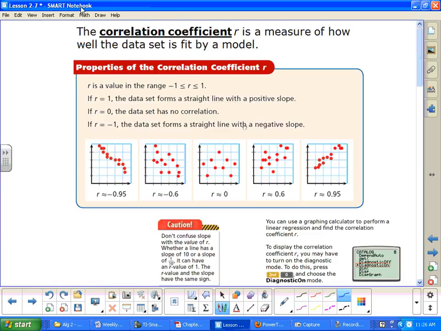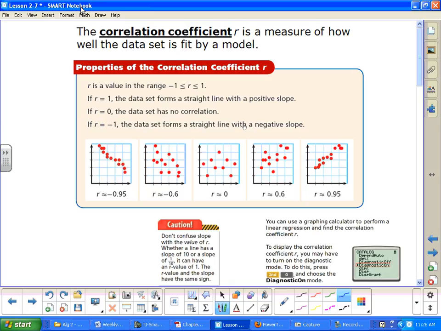You can see here for the correlation that because these are all grouped really closely together along a line, they would be close to -1 if it's a negative correlation. And down here, this one on the right, since they're going really close to a line, it would be closer to +1.